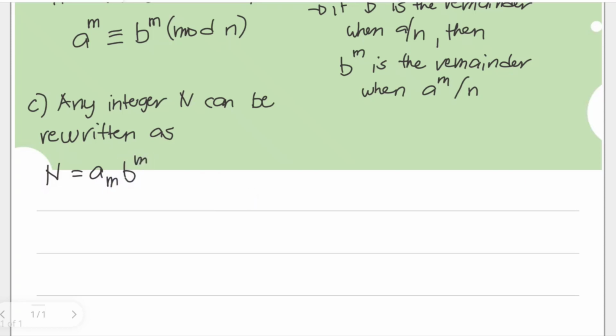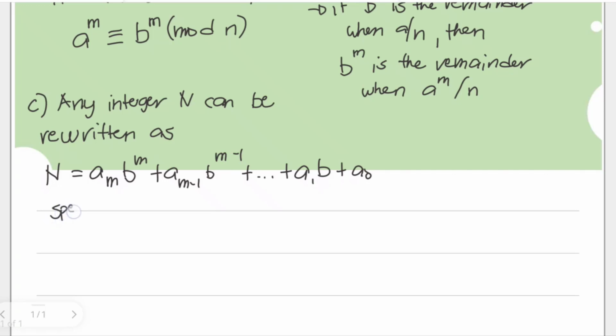I'm going to discuss this anyway, so let me just write this first: a sub n minus 1 times b to the power of n minus 1, plus dot dot dot, plus a sub 1 times b, plus a sub 0. Any integer can be written in this form.